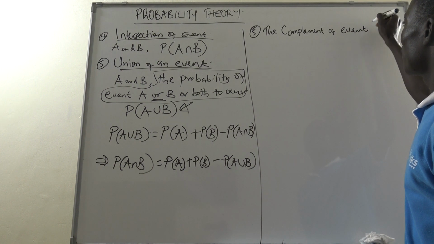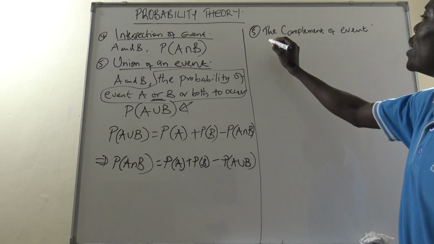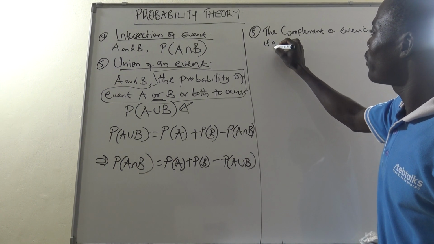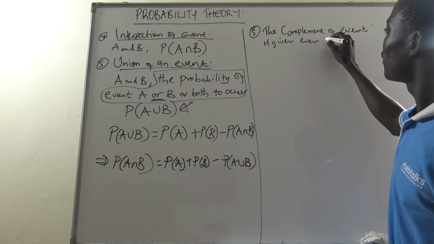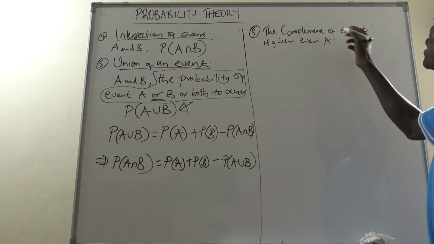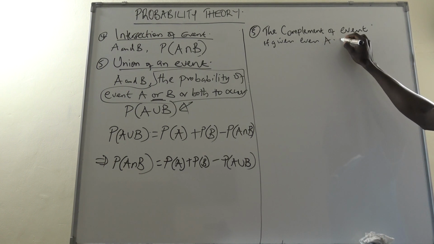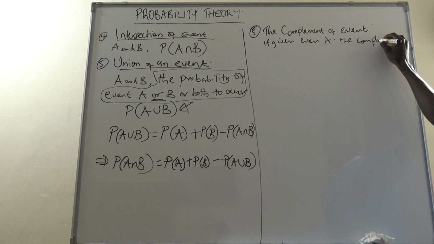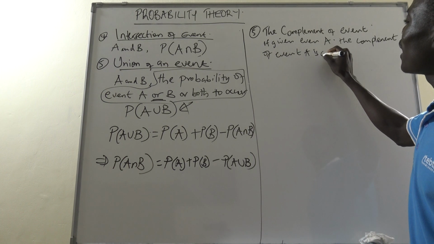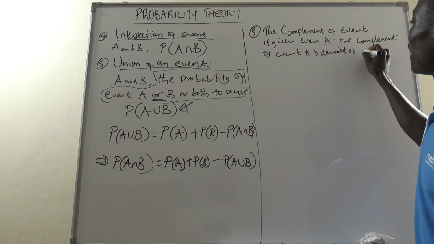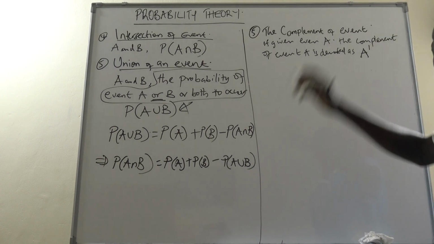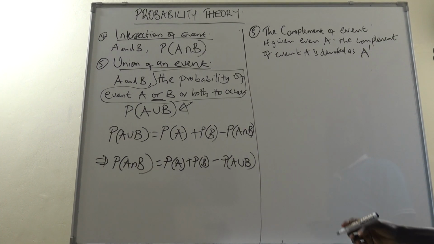If you are given event A, then the complement of event A is denoted as A with a bar. This means A complement.